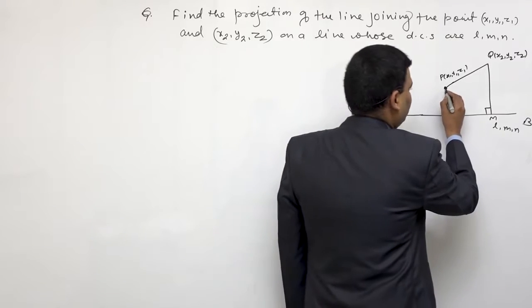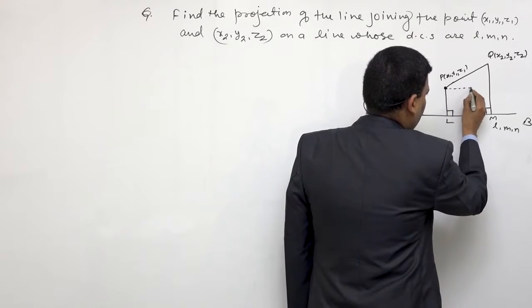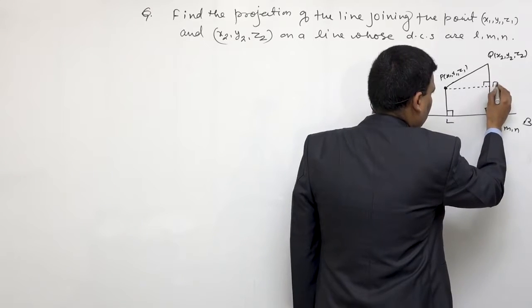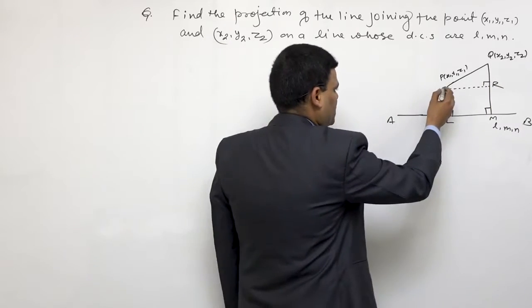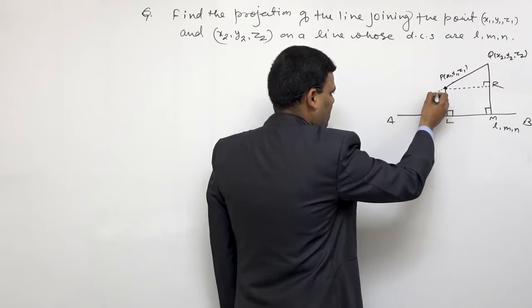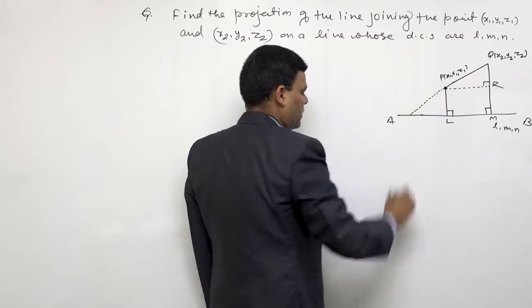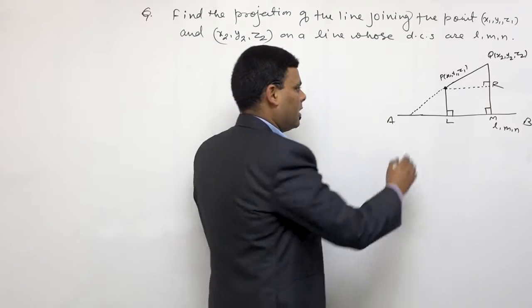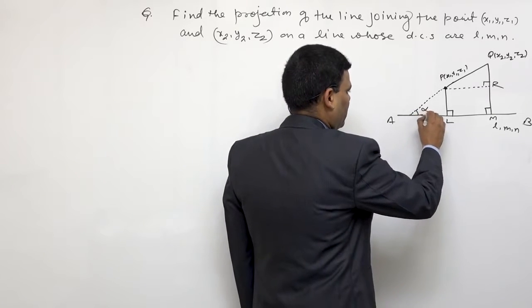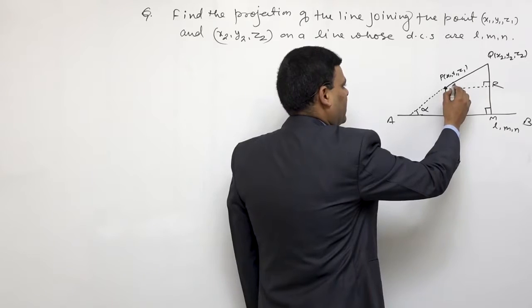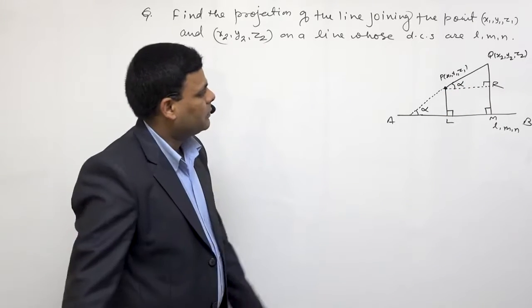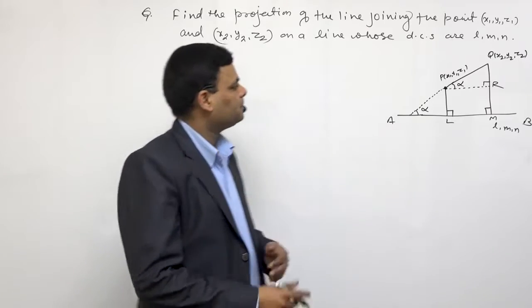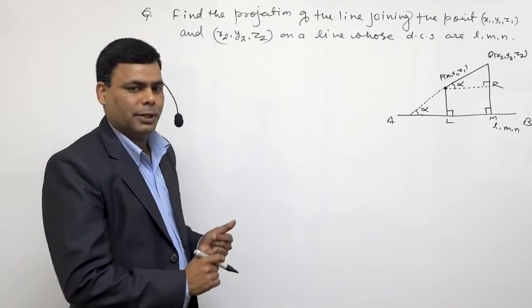Also, we draw PR perpendicular on QM. Suppose that this line makes an angle alpha with AB, then angle QPR will also be alpha, being corresponding angle. अब यही कुरालाई एक्सप्लेन गरिदेऊ.